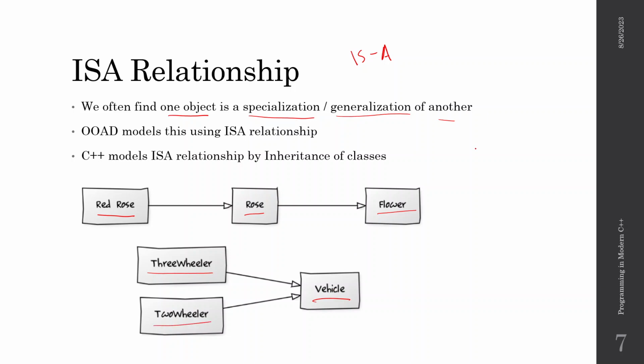So if you follow this method, then you will see that it will form a kind of tree. If you assume that some object can only be the specialization of one other object, so every object will have one parent, then it will form a kind of tree.